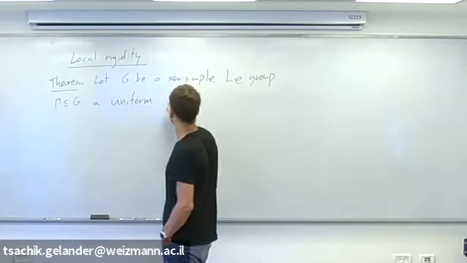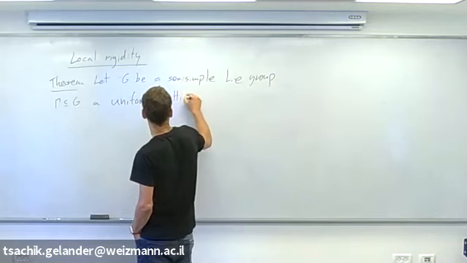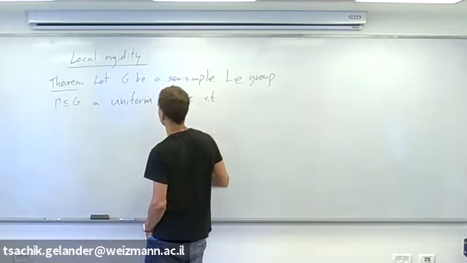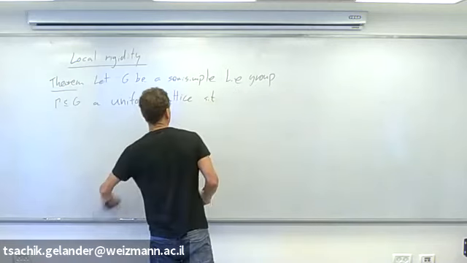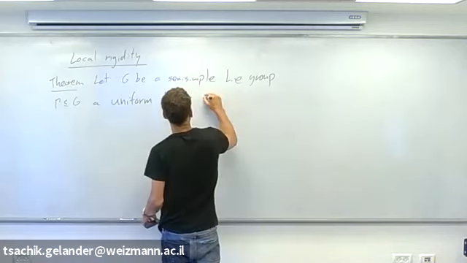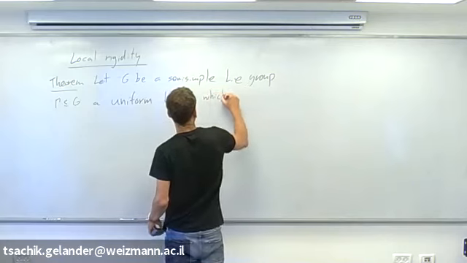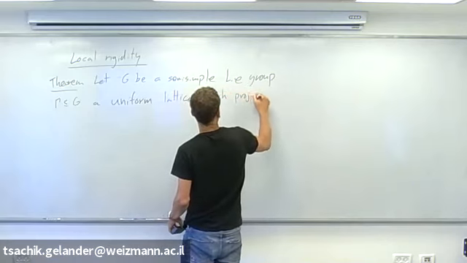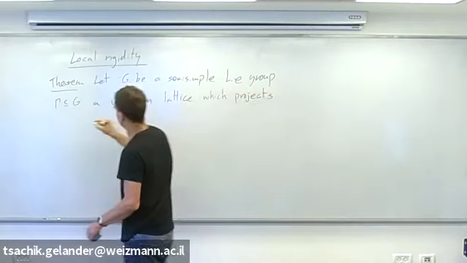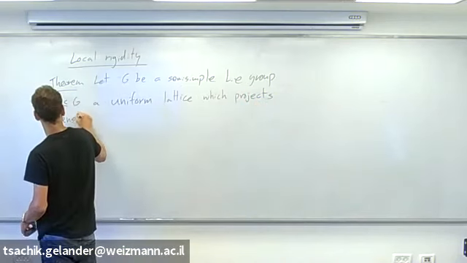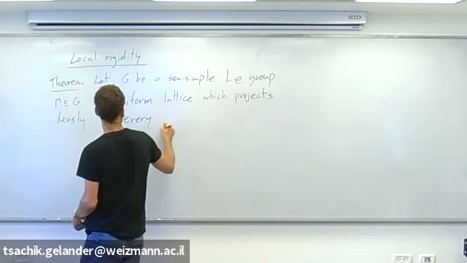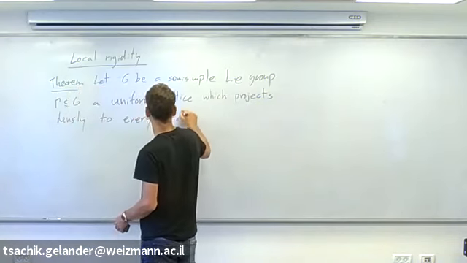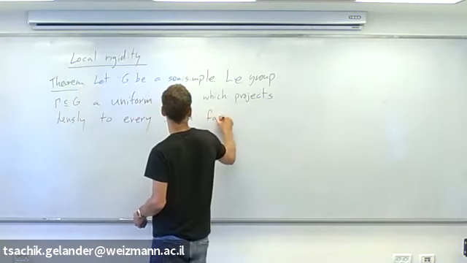Let gamma in G be a uniform lattice such that it projects densely to every, let's say, three-dimensional factor.